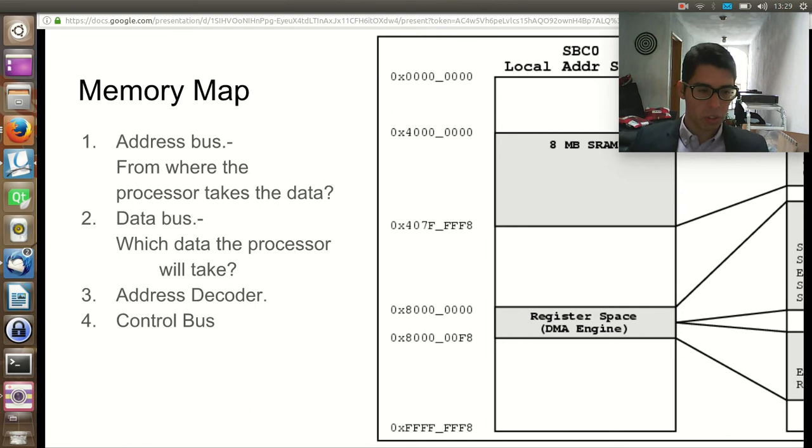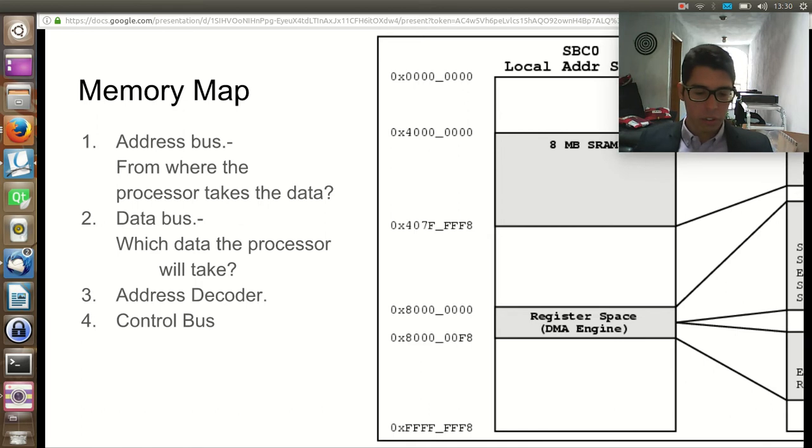With the address bus, the processor, to reach a task or any instruction that it might want to process, needs to go to the address of a certain device or a certain part of the memory. Then, from where does the processor take the data? It might be in the RAM, it might be in the ROM, it might be somewhere else.